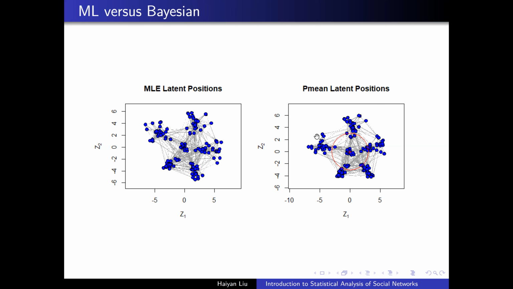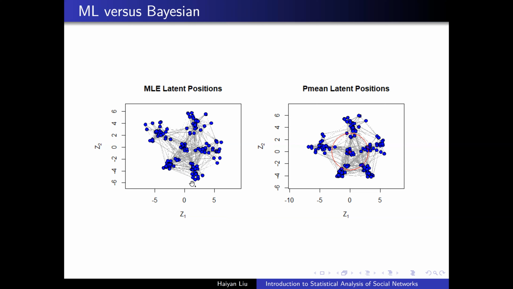Now, we can notice that the patterns in those 2 plots are similar to each other. On the right one, we also have 6 blocks or 6 clusters. We can also notice that if we look at this block and this block, they are supposed to be the same one. However, the latent positions are slightly different from each other, right?